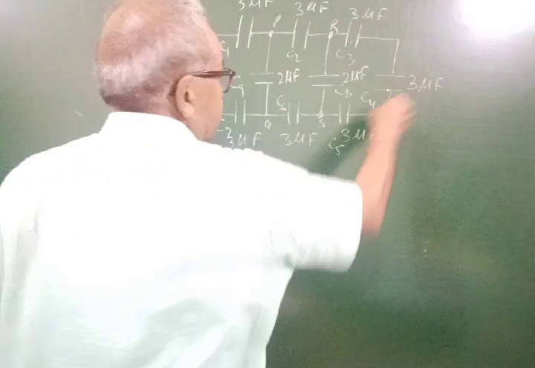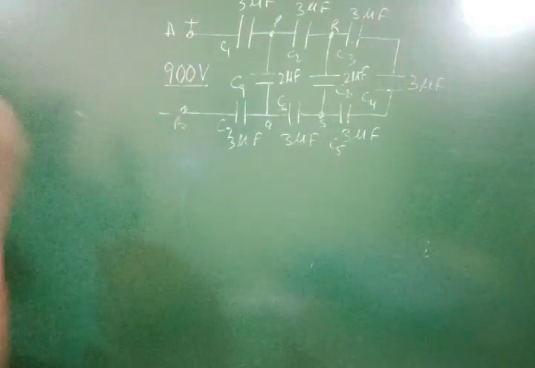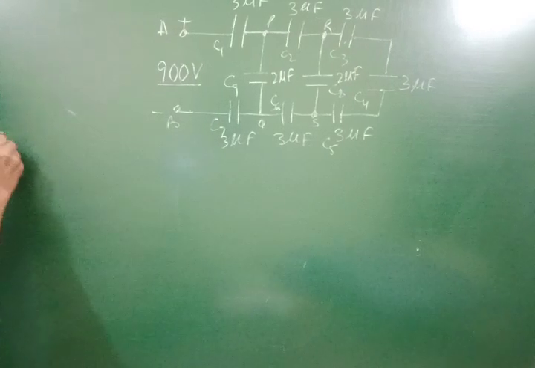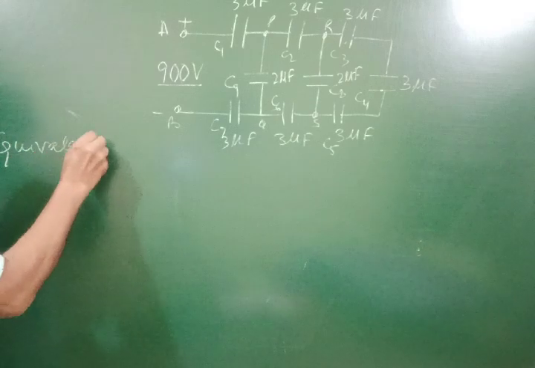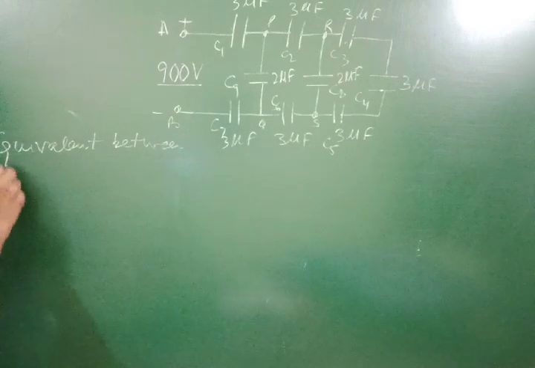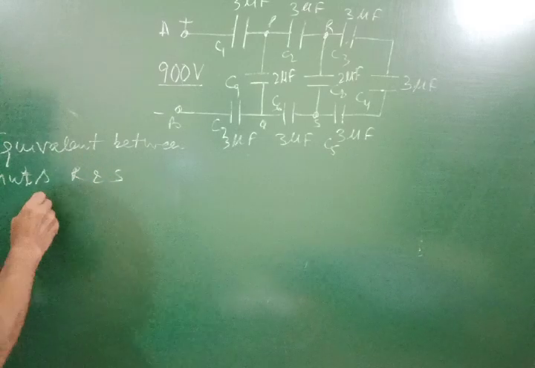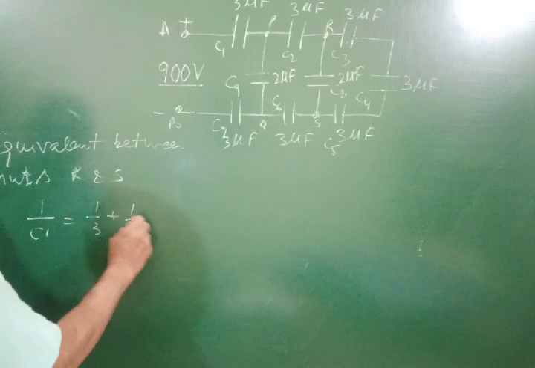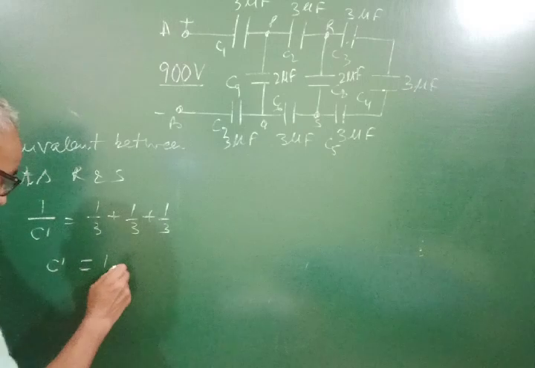We go to the last. This 3 and 3 are in series. So in any case the equivalent between points R and S, 1 upon C dash माना था उसको, 1 upon 3 plus 1 upon 3 plus 1 upon 3, यानी C dash का amount 1 microfarad.